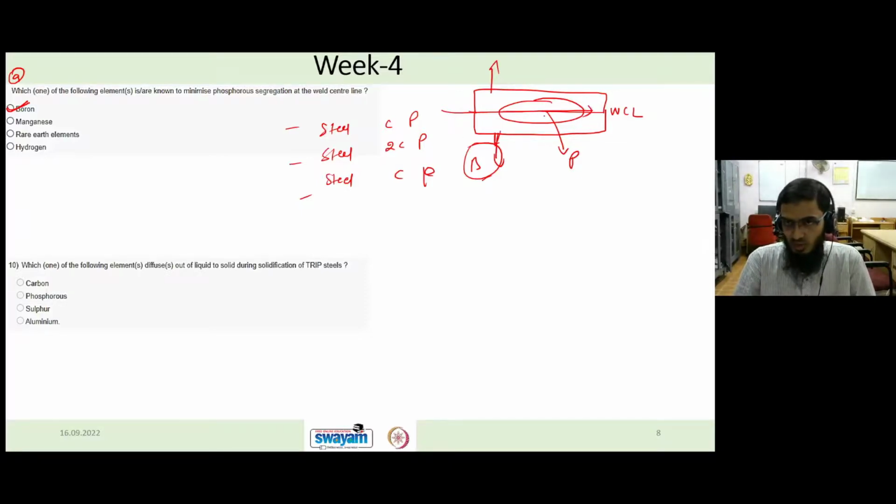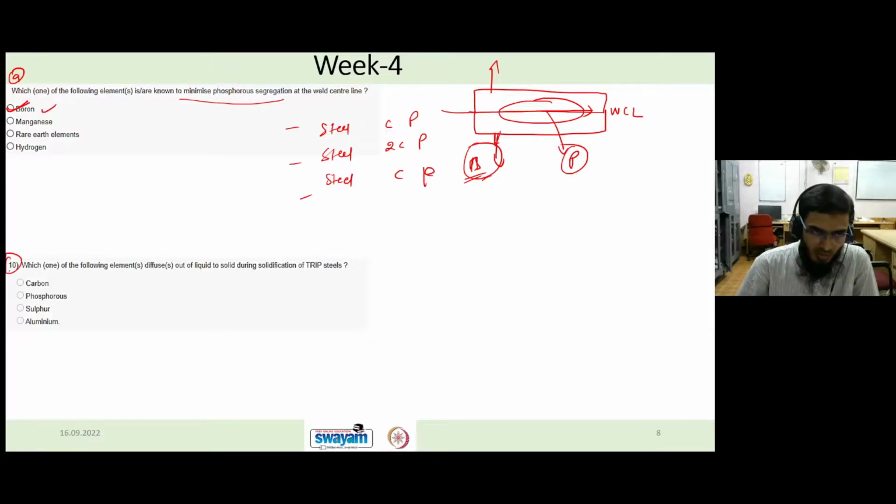So it is not observed to be good to have phosphorus segregation at the weld center line. Then we added boron, and the presence of boron in the weld microstructure minimizes this phosphorus segregation. So the right answer is boron. If you add it, it will minimize the phosphorus segregation.